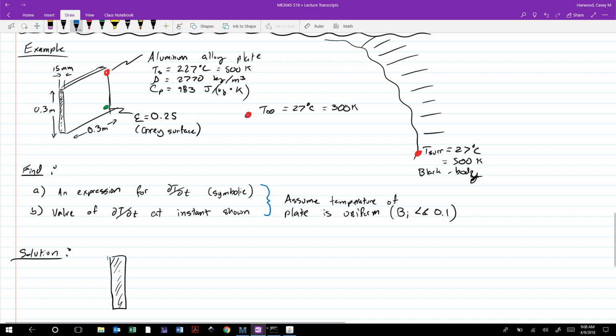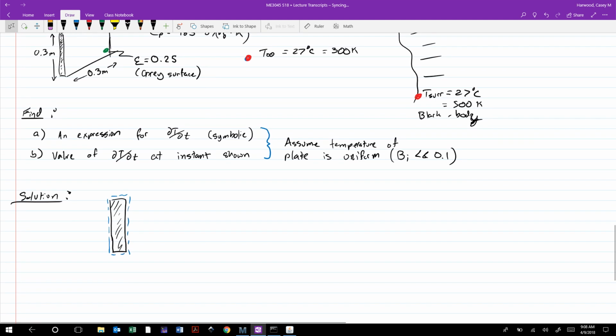Go ahead and surround that with a control volume. Basically what we've got going on is there's going to be Q due to convection, and there's going to be Q due to radiation, both leaving.